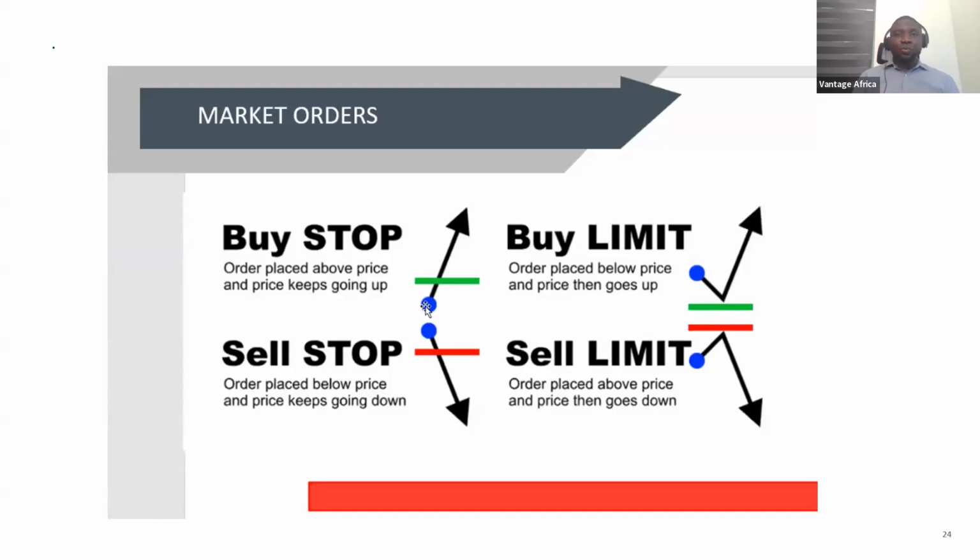Now you will see at the top of the screen, market execution. When you click on the drop down button there, you will see pending orders: buy stop, sell stop, buy limit, sell limit. So you select your buy stop, for example, and once you select that pending order, buy stop or sell stop, whatever pending order, it will prompt you for price. That's the first thing you will see on your screen.